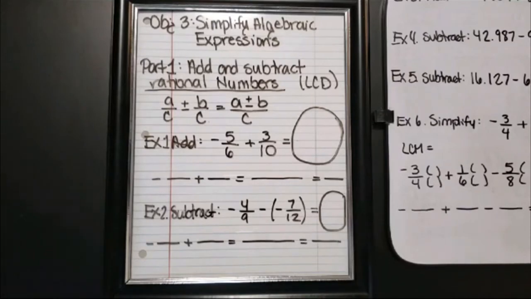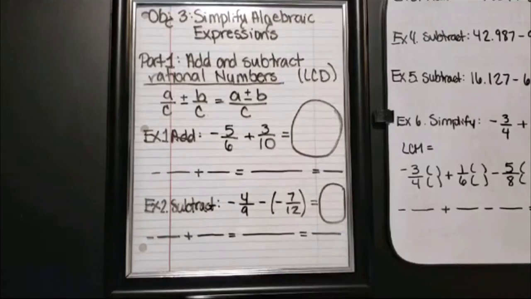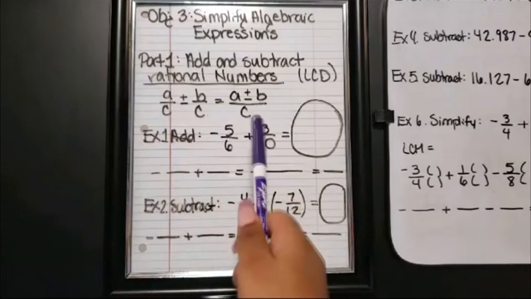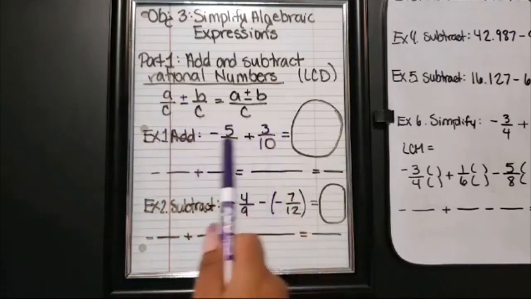So for part 1, we are adding and subtracting rational numbers, all right? And rational numbers, that's basically fractions, decimals, things like that, okay? So let's look at the fractions first. So here are the basic rules of thumb when you are adding and subtracting fractions.